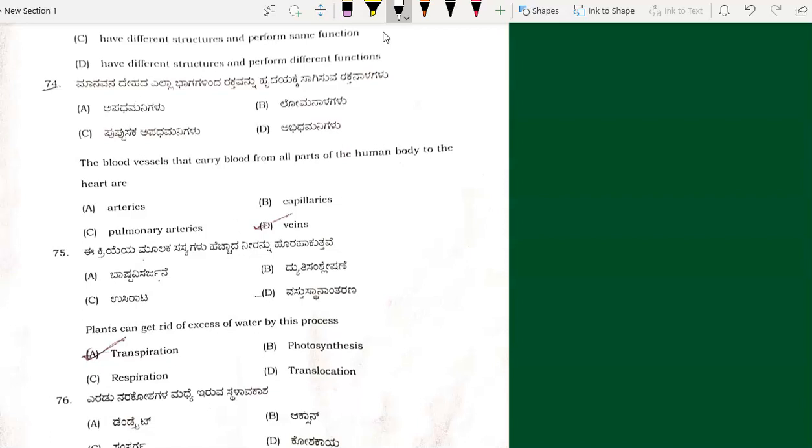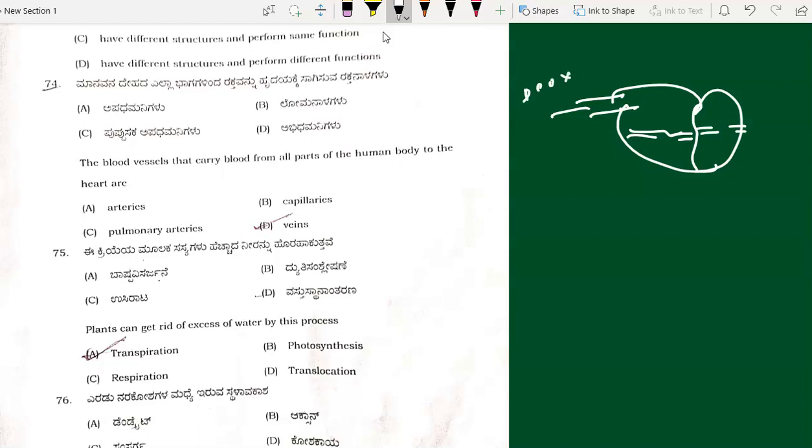Okay, suppose this is your heart. It has been divided into 4 parts. At this point we are going to receive deoxygenated blood. Here we are going to pump oxygenated blood. These we call arteries, and these are two veins, the superior vena cava and inferior vena cava.